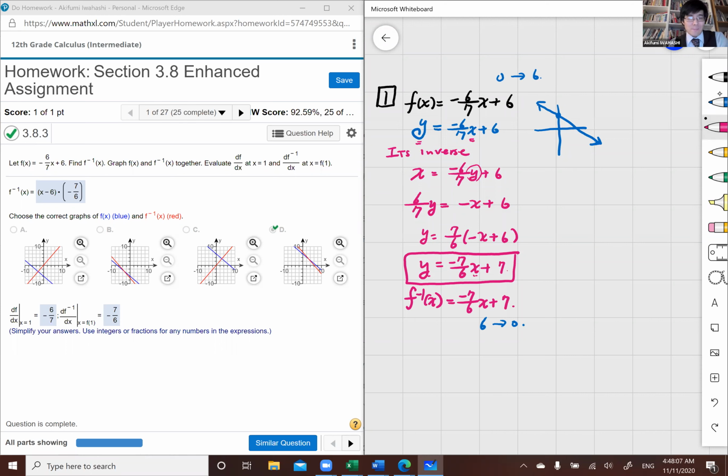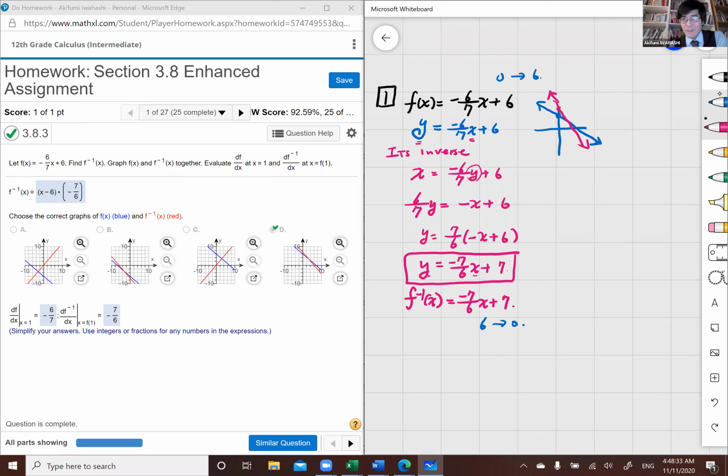Okay, number 2. What is the graph of f(x) and f inverse of x? f inverse of x has a negative slope with a y-intercept slightly over the blue one. So it's going to be here, but the slope is slightly steeper than the blue one, and its x-intercept is 6 or something like this.